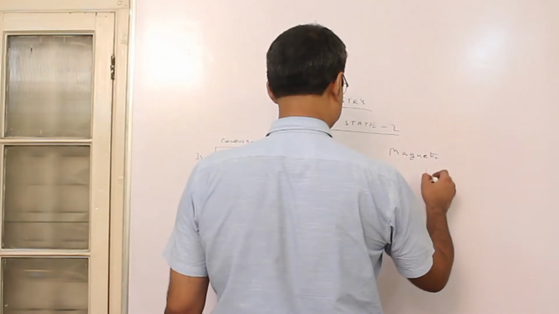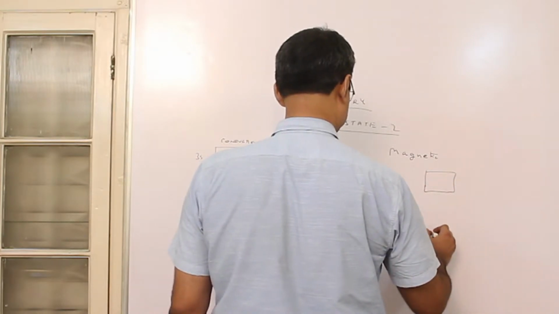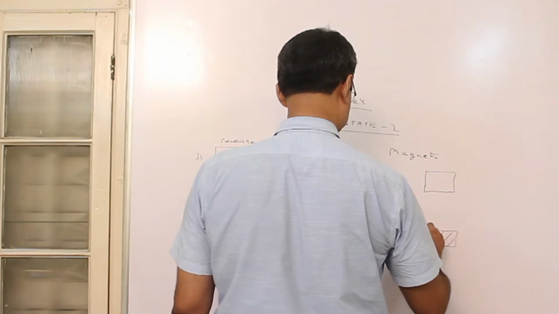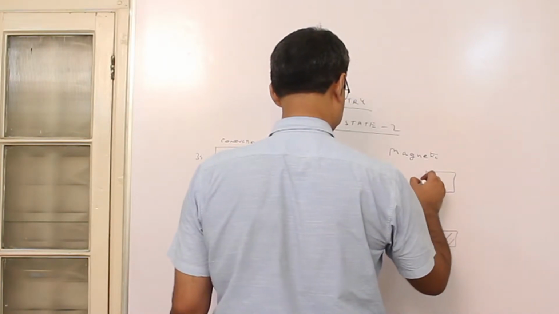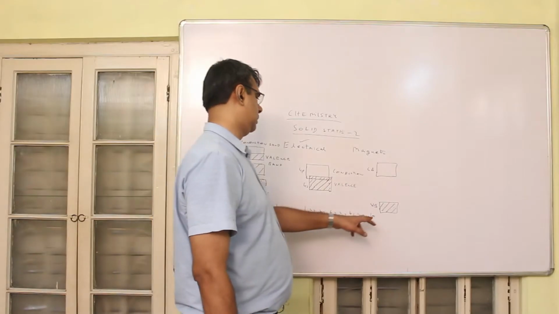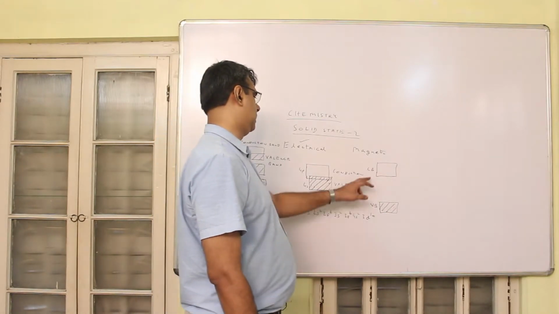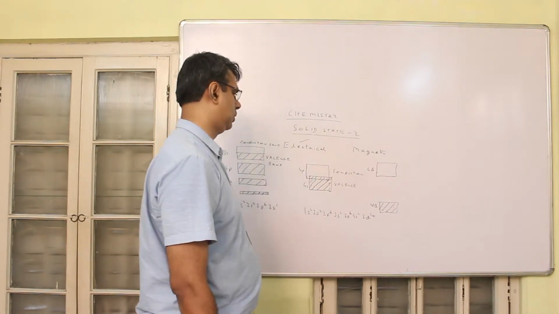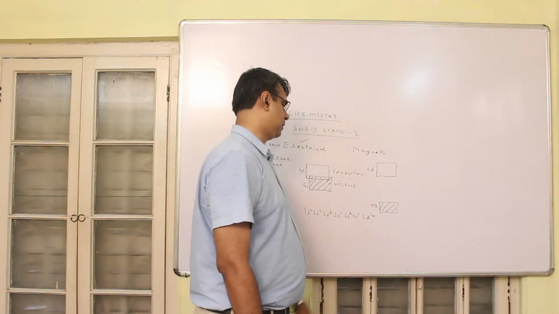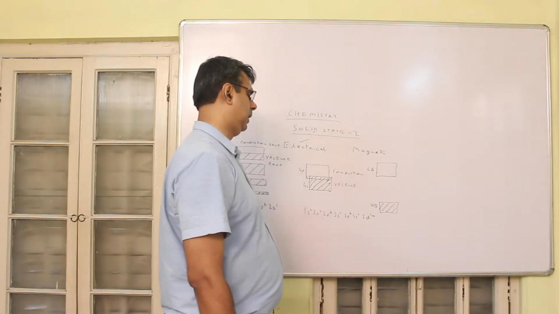Now, if you look at diamond, in diamond this is the valence band, this is the conduction band, and there is a huge gap between both of them. At ordinary temperature, it is impossible for a valence band electron to go to the conduction band.